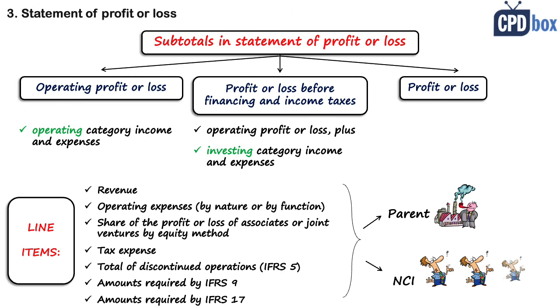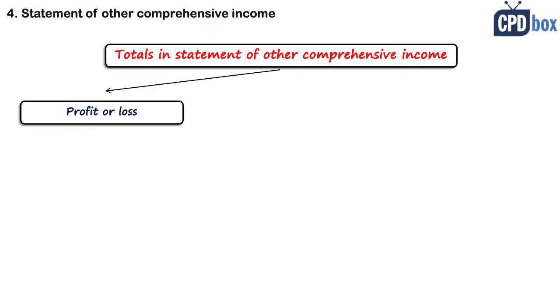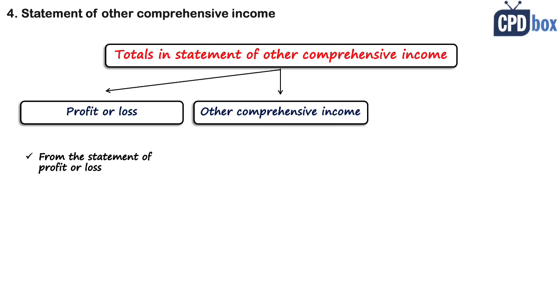Let's move to the statement of comprehensive income. Here, we need to present certain totals for profit or loss that is carried from the profit or loss statement. Then other comprehensive income, and here you need to present individual items in one of the 2 categories. Those that will be reclassified to profit or loss when conditions are met, and those that will not be reclassified.